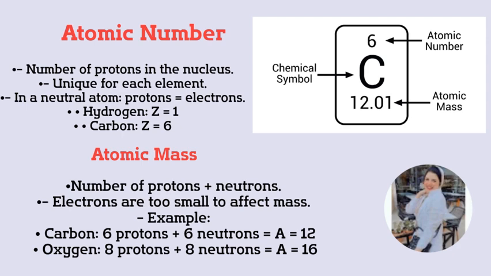Oxygen has 8 protons and 8 neutrons. 8 plus 8 equals 16. So, as we mentioned before, if you remember, the number of protons equals the number of electrons. Okay?